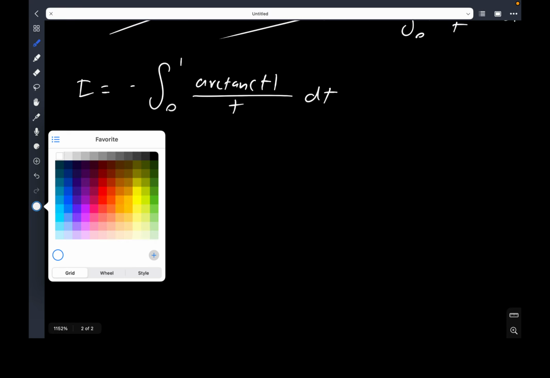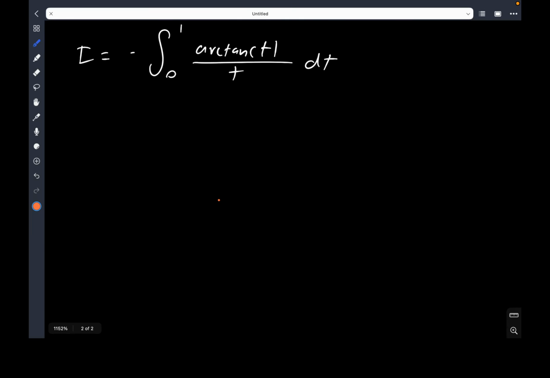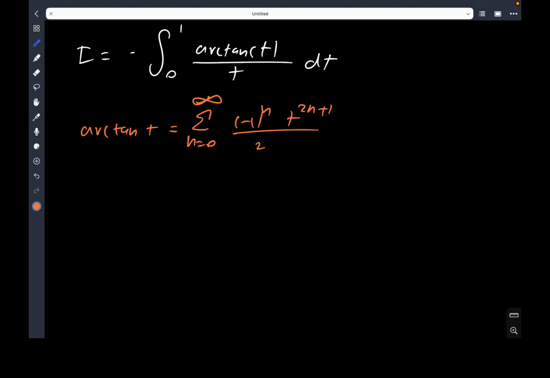Now from here we're gonna use the series of arc tan, which is arc tan of t, which is the infinite sum from n equals 0 to infinity of negative 1 to the n t to the 2n plus 1 over 2n plus 1.